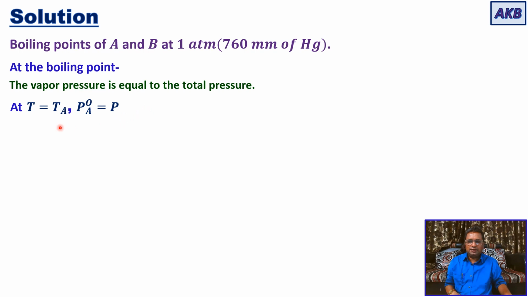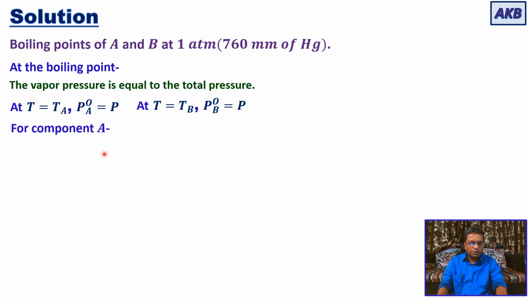If you take the example of A, methanol, at the boiling point of methanol, T is equal to TA, the vapor pressure of methanol, PA naught, will be equal to P. And at T is equal to TB, that is at the boiling point of B, the vapor pressure of B will be equal to the total pressure.